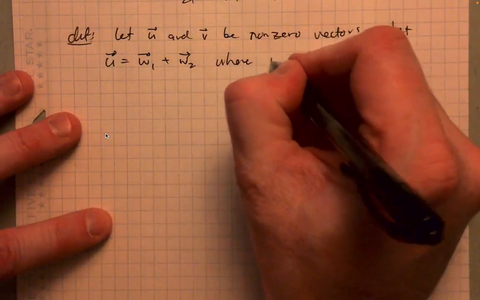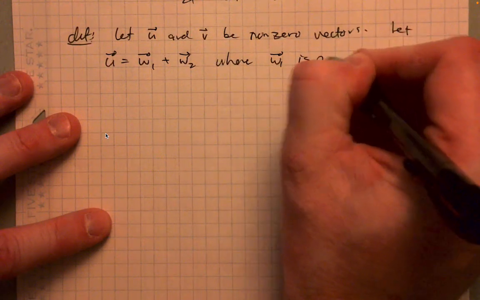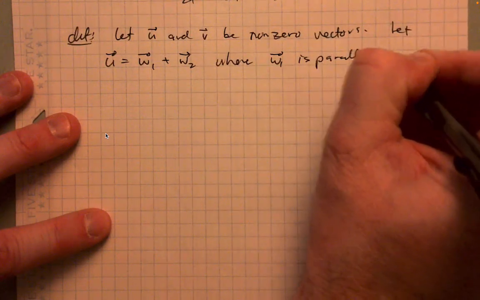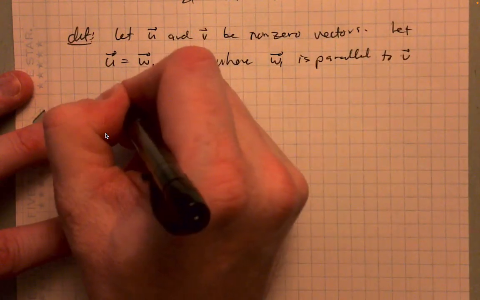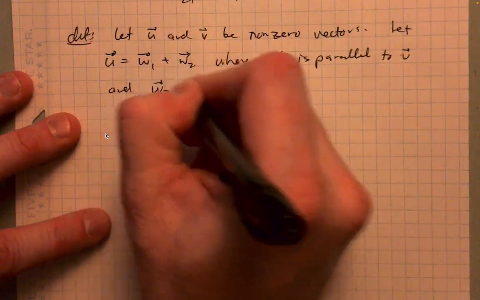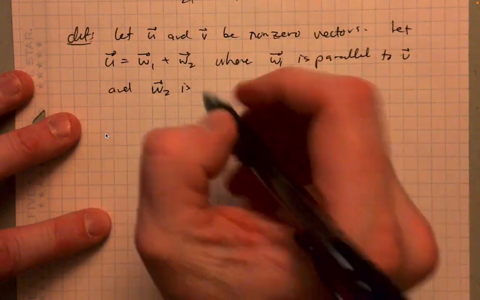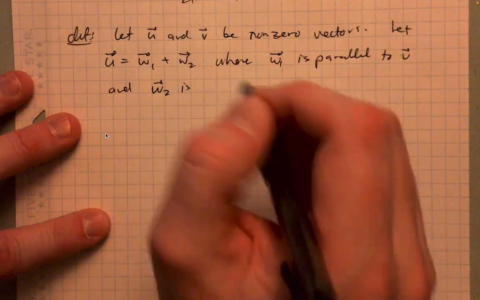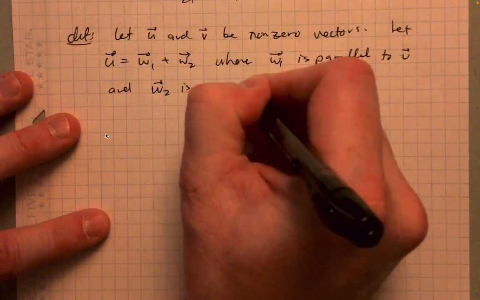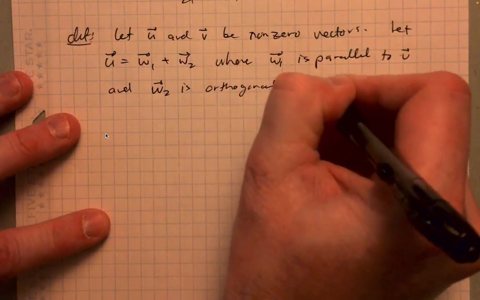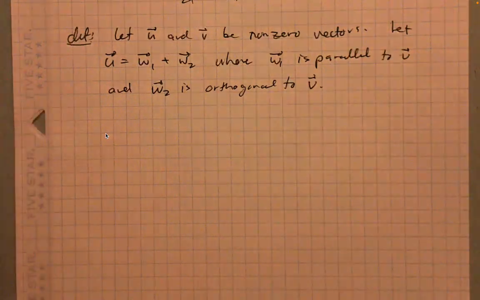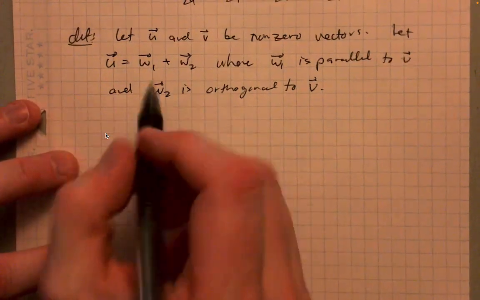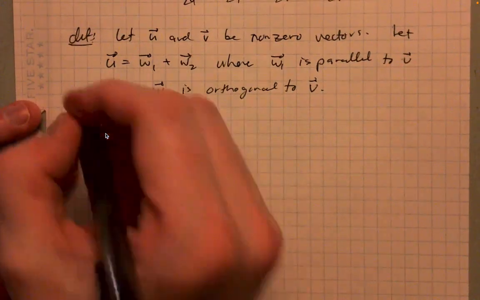So w1 we'll say is parallel to v, and w2 is orthogonal to v, or perpendicular, whichever term you like. So you have one that has the same slope and one that has a perpendicular slope. And these two vectors, w1 and w2, have a name.